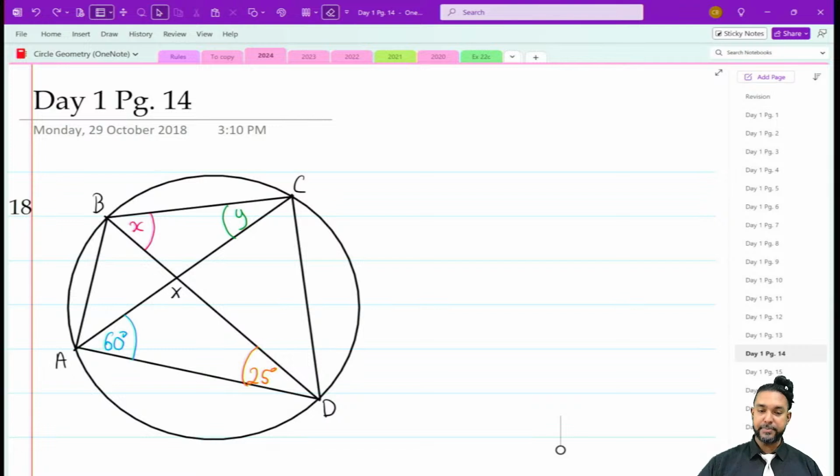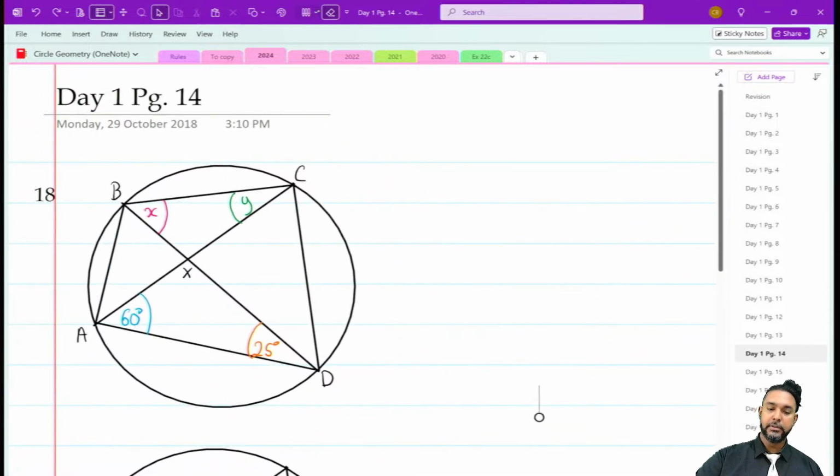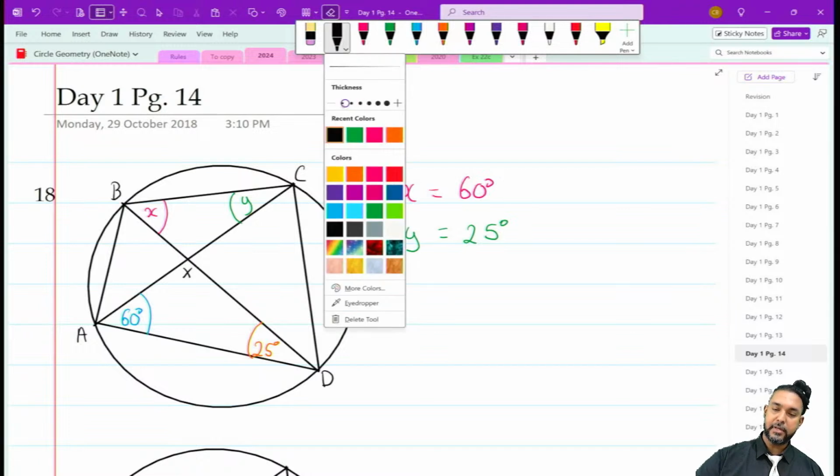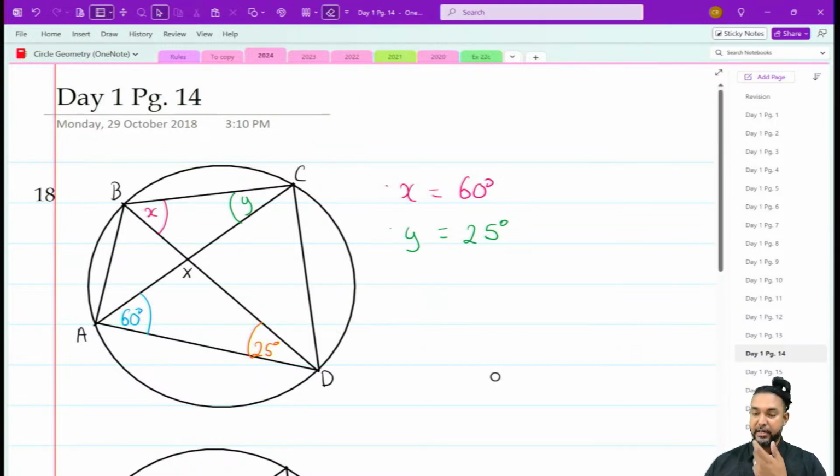So therefore, what would x be equal to? So x would be equal to 60, and y would be equal to, correct? And the reason for both of them is because angles in the same segment, standing on the same arc, are equal.